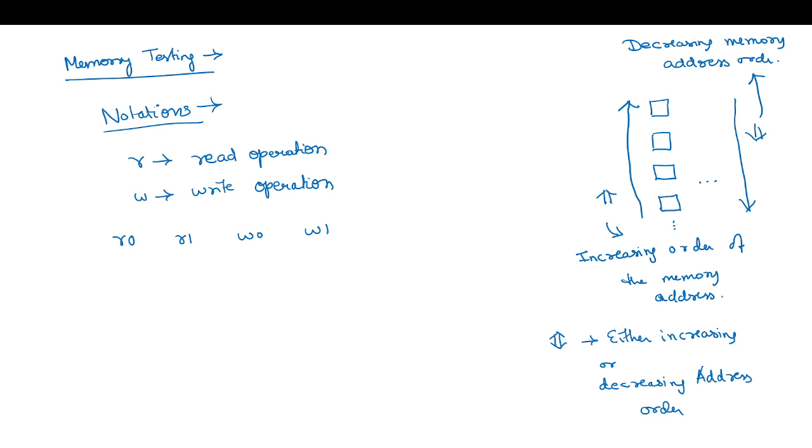With this, now we have a symbol like this. This is to write a 1 to a cell containing 0, or the cell has a rising transition.